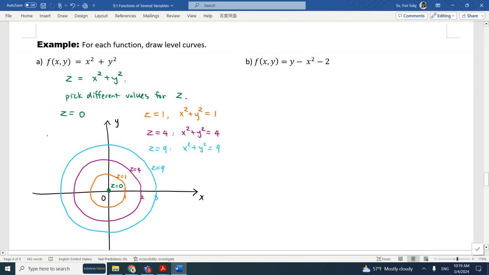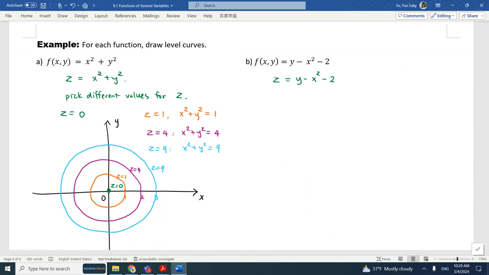So z is y minus x squared, and then minus 2. Do you see that on the xy plane, z is just like a constant? The variable is x and y. Z is like a constant. So here, do you see that the power of y is 1?